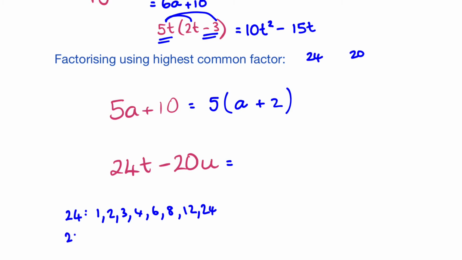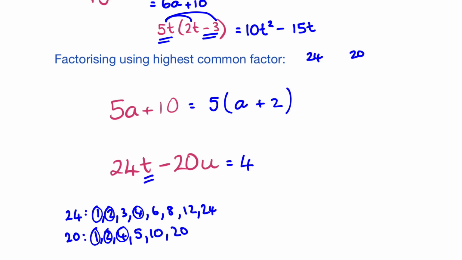The factors of 20 are 1, 2, 4, 5, 10 and 20. So looking at both lists, we've got 1, 2, 4, and that's it, isn't it? So 4 is the highest common factor of 24 and 20.